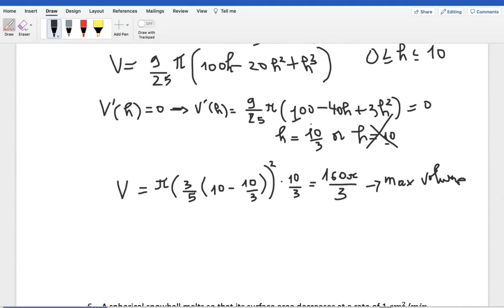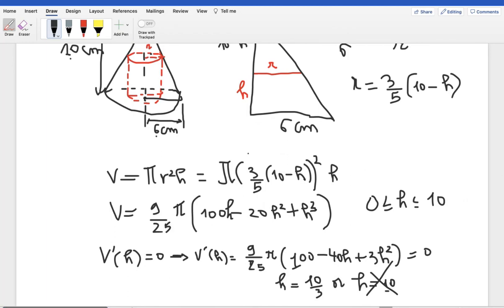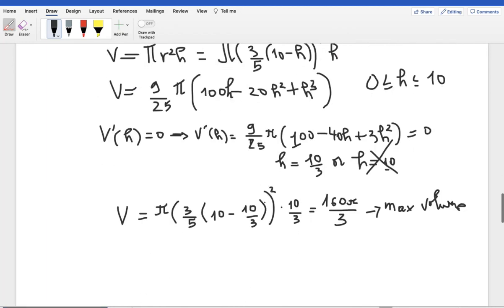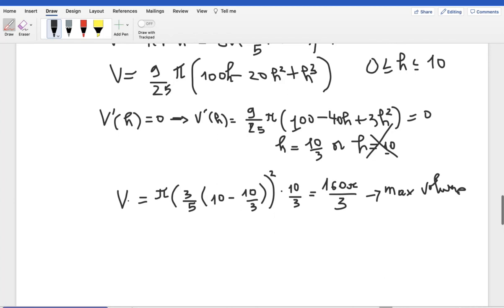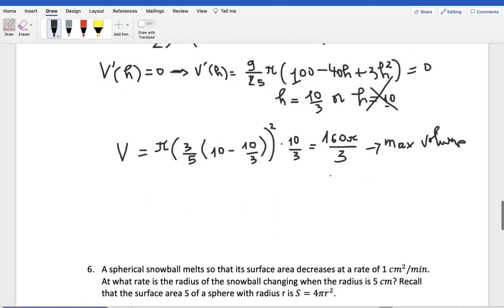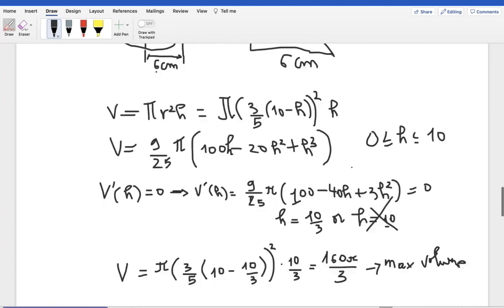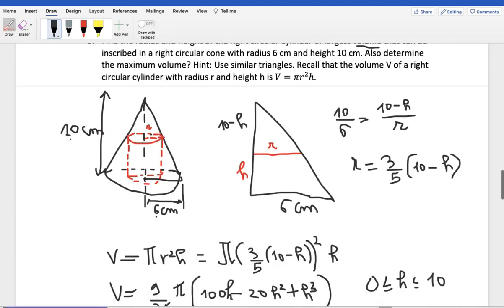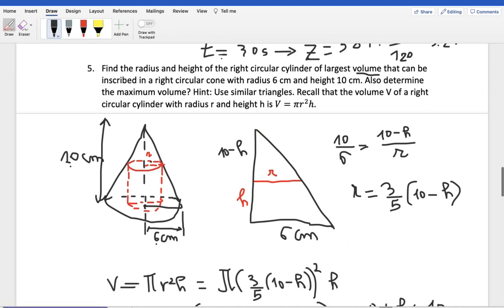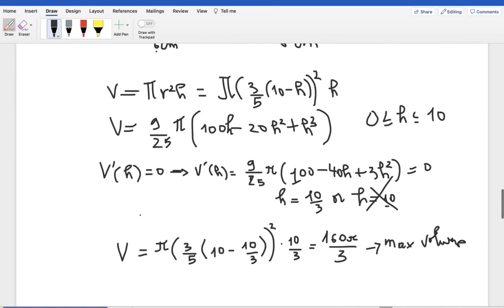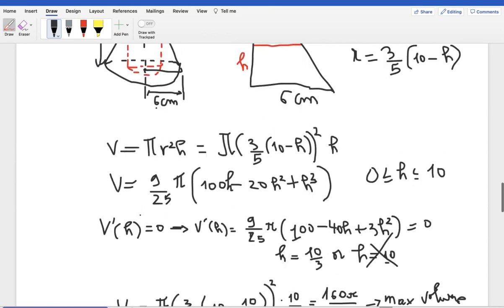We found the other root to be 10 over 3, so that's what we chose. So the volume of the cylinder that you find when you have that height of 10 over 3 is your maximum volume. It's the maximum volume that the cylinder can have inside this cone with the measurements that are given.